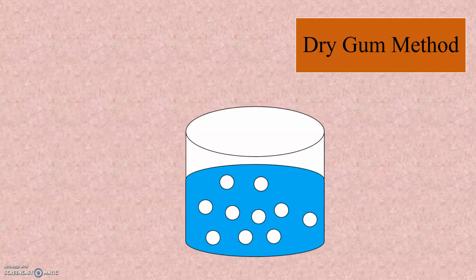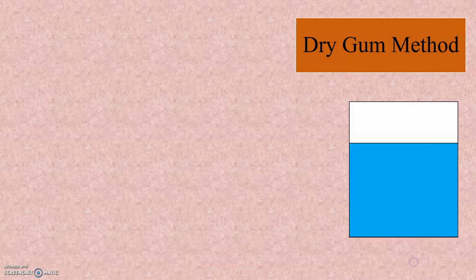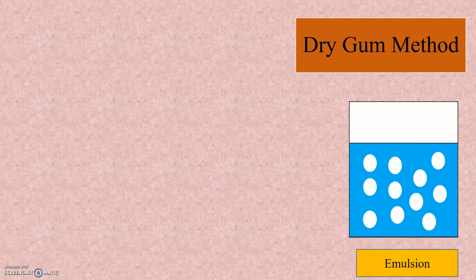The product formed at this stage is called primary emulsion. And finally, add more water to produce the required volume, and hence the emulsion is prepared by using dry gum method.